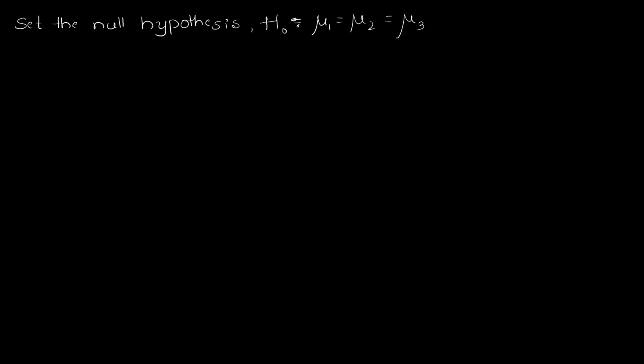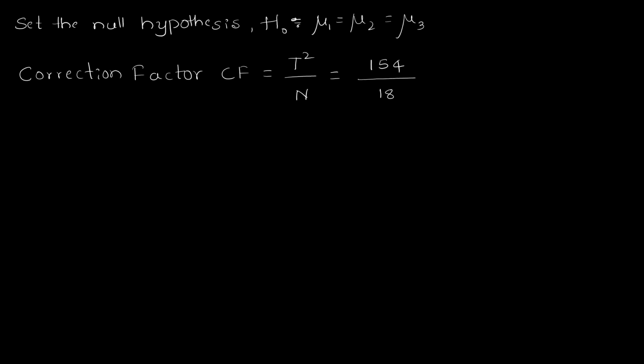In the next step, we need to find the correction factor. The correction factor, CF, formula is T square divided by N. So what is our T? Capital T is 154. N is the total number of items, which is 18.